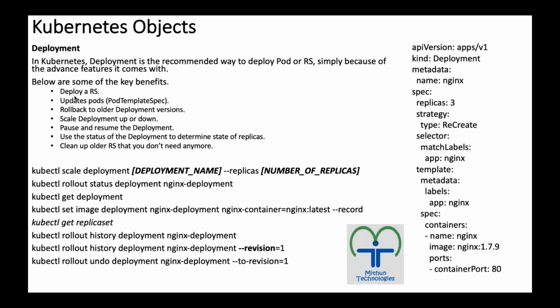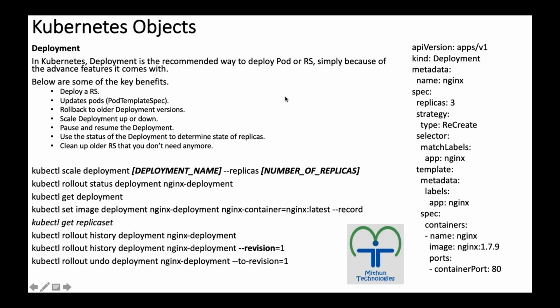And also if we are using deployment, if something goes wrong with the latest version, I mean to say the latest deployment, we can roll back to the older versions of the deployment.